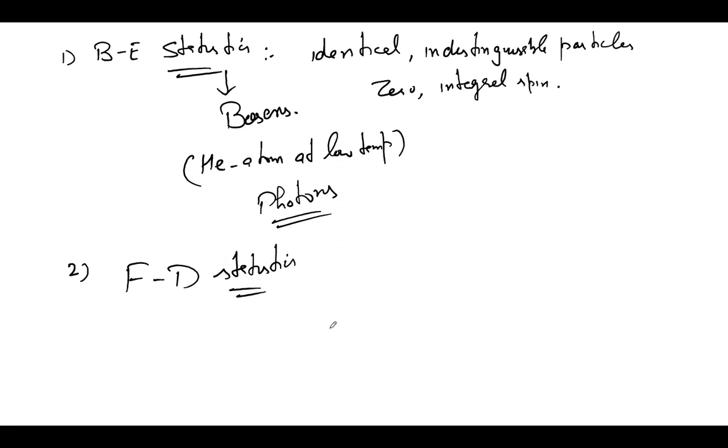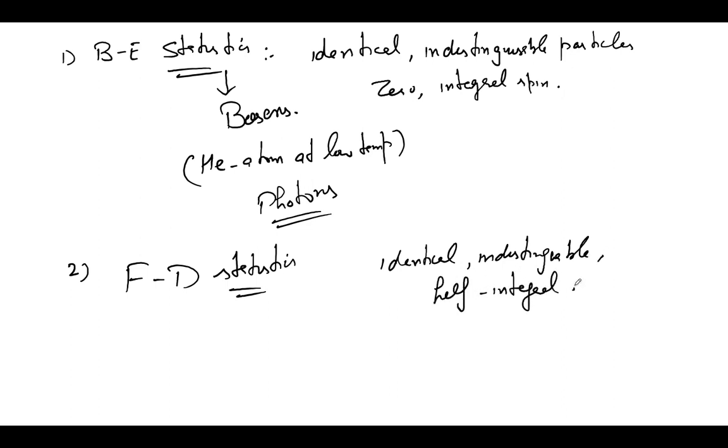This is applicable to identical, indistinguishable particles having half-integral spin, and these particles must obey Pauli's exclusion principle, that is, it is not possible for two electrons or two particles to coexist in the same quantum state.